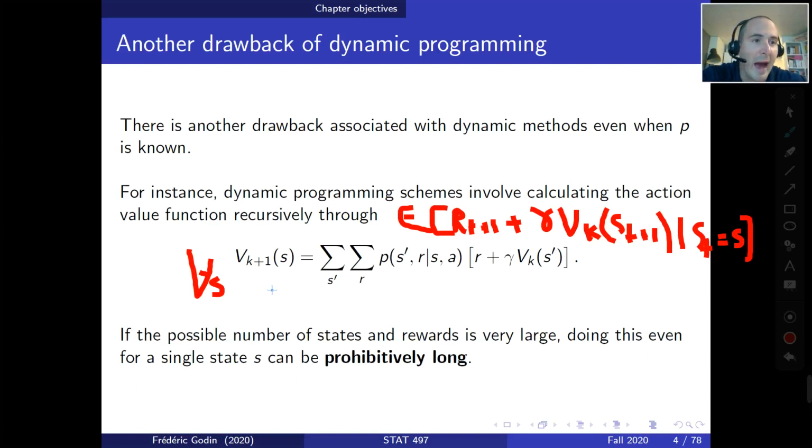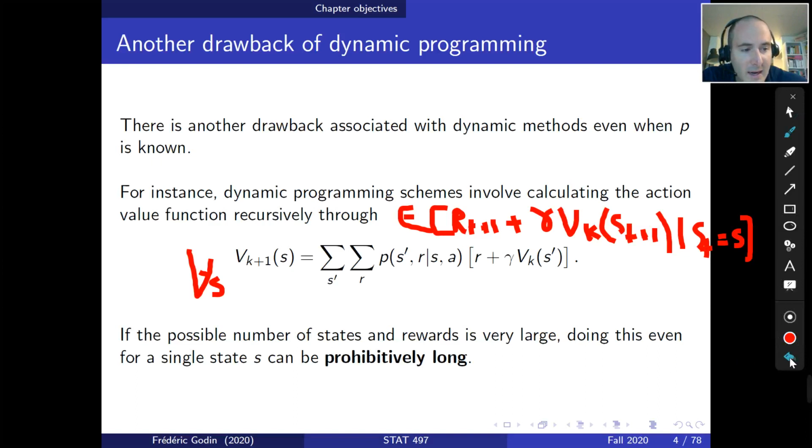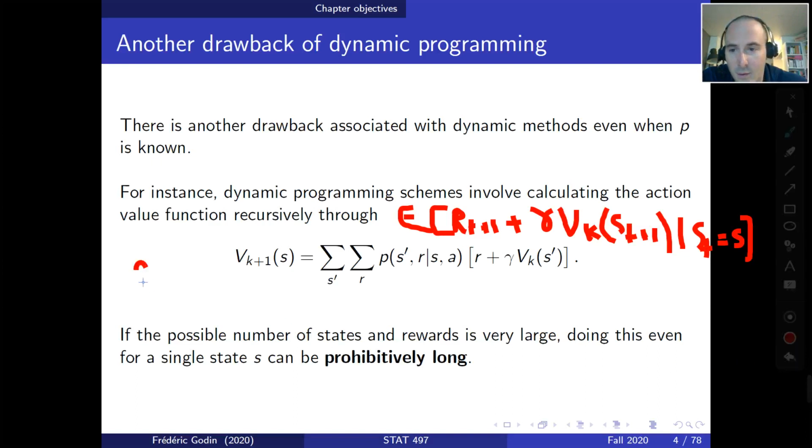So a solution we had is to do that for a subset of states. In the limiting case, we did the policy evaluation with only one single state at a time. This was known as asynchronous dynamic programming.